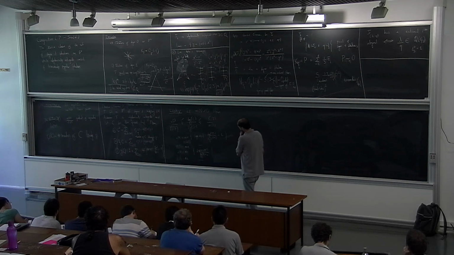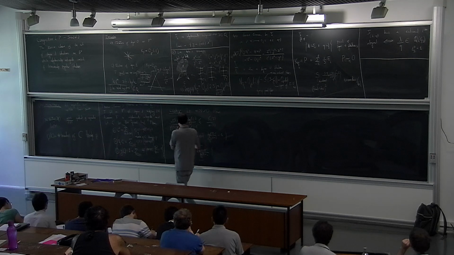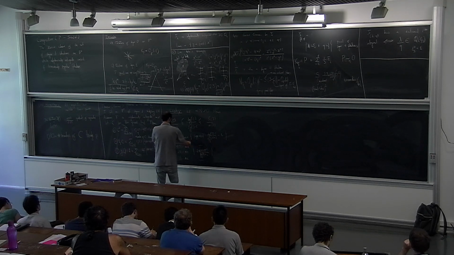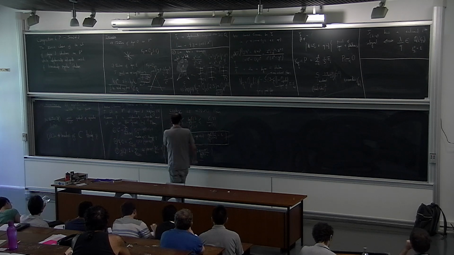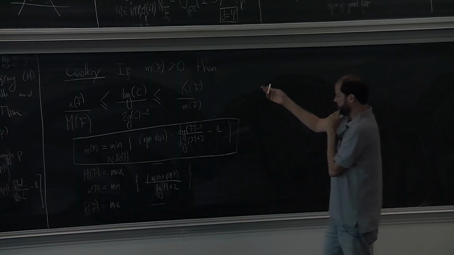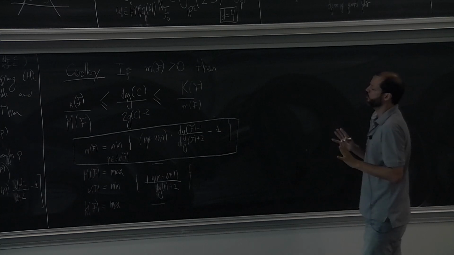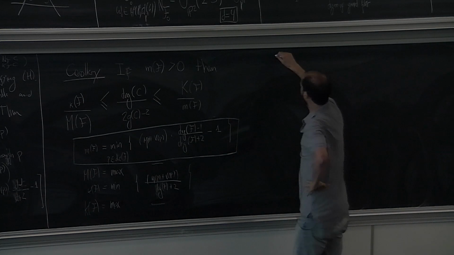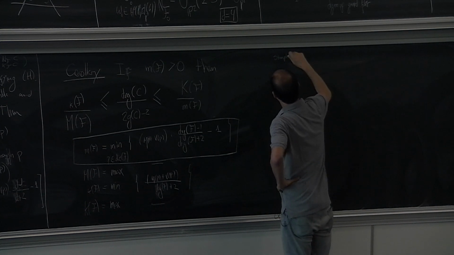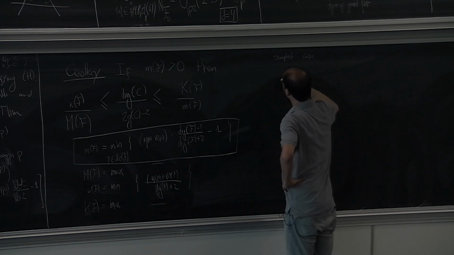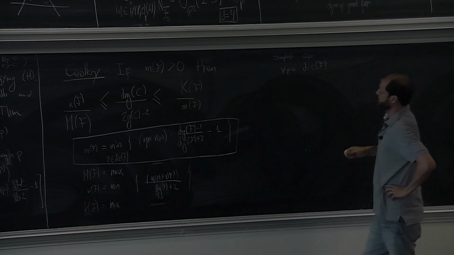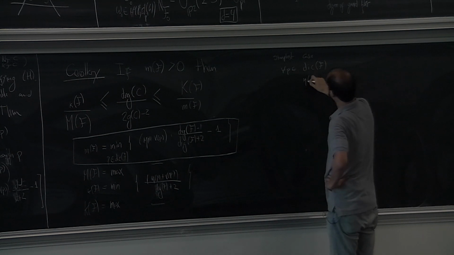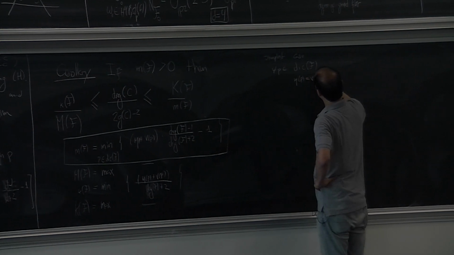And as you see, if this number is positive, then you get something. But let's see the simplest case possible. The simplest case is when for every p in dic F, we have that mu p equals nu p equals 1.